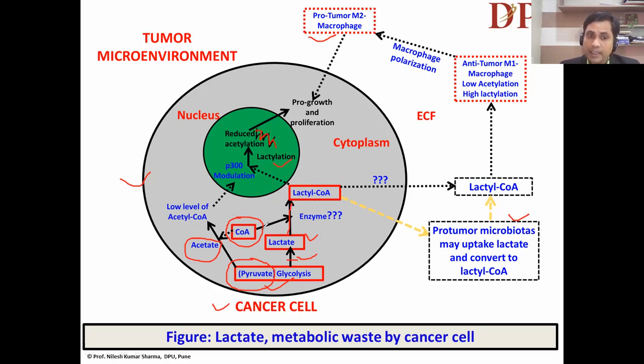So that means the CoA pool inside the cytoplasm, and that CoA as a cofactor is very, very important for normal cellular functioning, is also going to be channelized from this direction to that direction. That means the possibilities are there. Cancer cell is going to divert the pool of CoA from acetate to the lactate, and then lactyl CoA is going to be generated. Great.